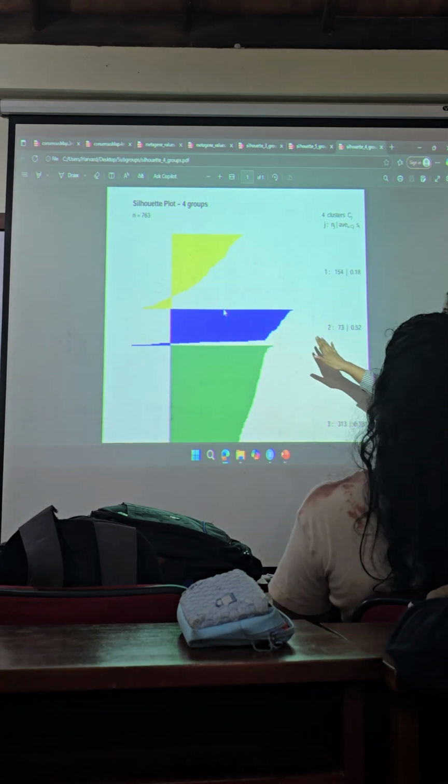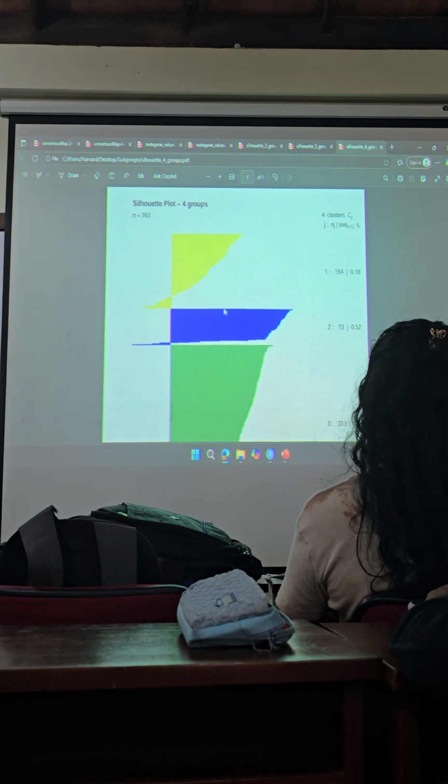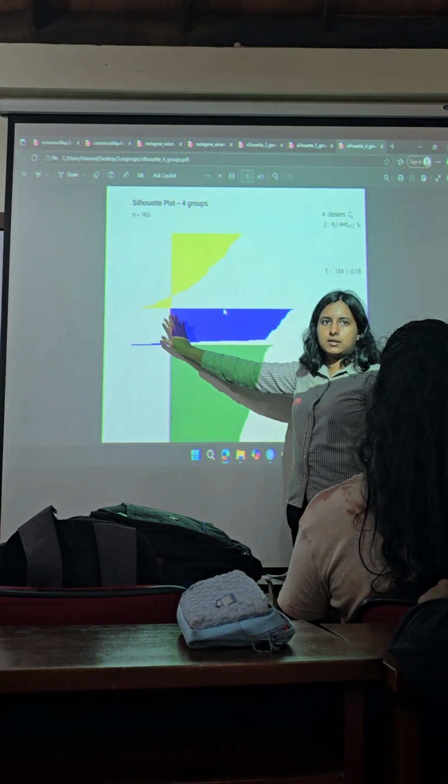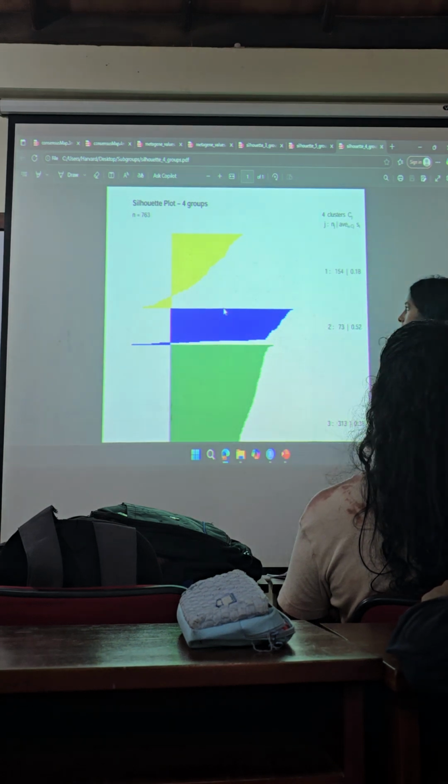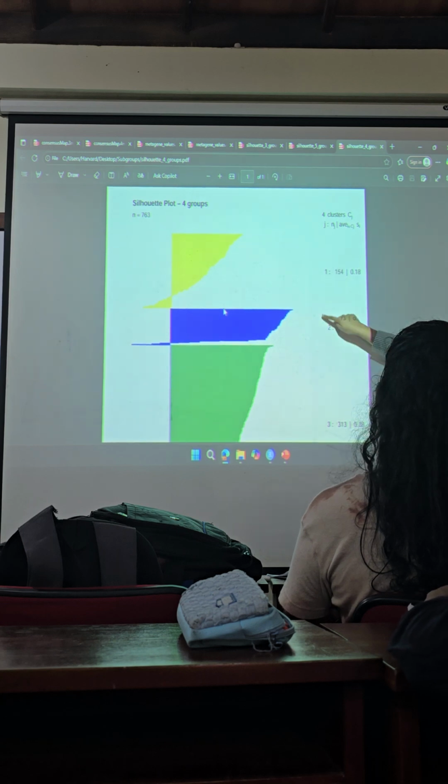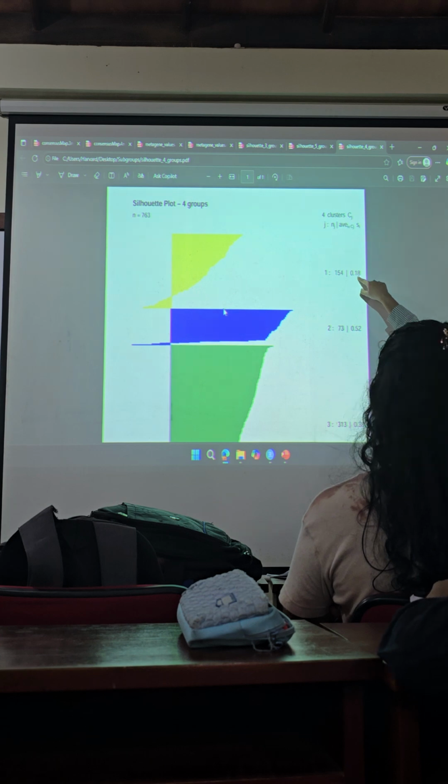Now for each number of subgroups, that is 3, 4, 5, you have subgroups that have samples on the negatives. Then what you have to do is check these scores, right? So this gives the number of the group, the number of samples that are present in each group, and this is the silhouette score for each subgroup, right?